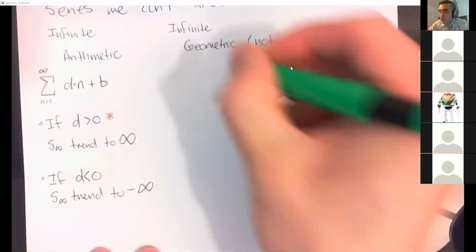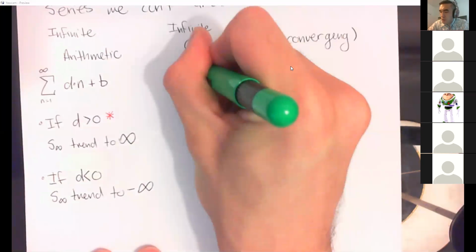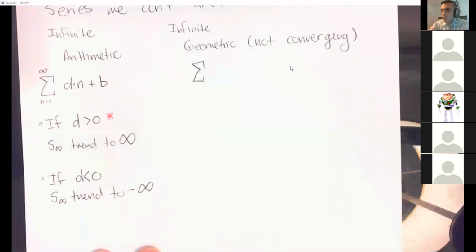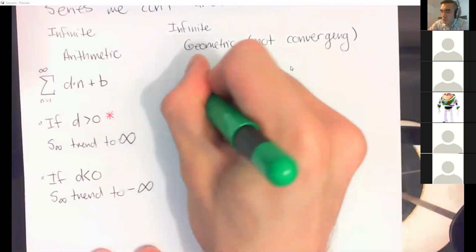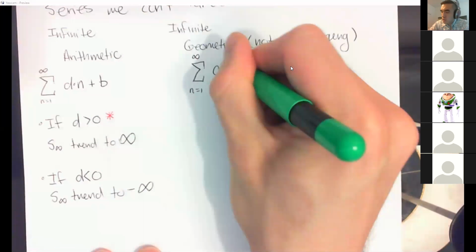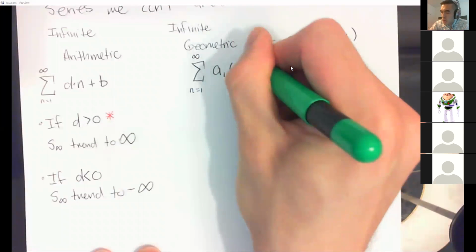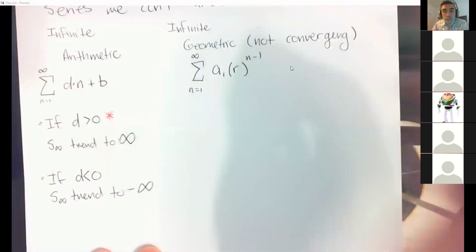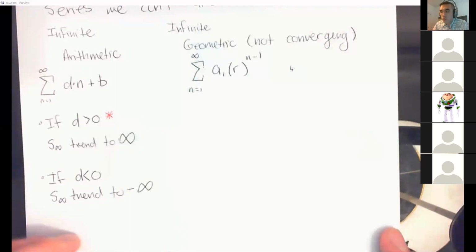So this is to say, if we were to be asked to take the sum of some infinite geometric series from n equals 1 all the way up until infinity, where this is our first term, a sub 1, times our common ratio raised to the n minus 1, except we have the case that r is not in our convergent set.